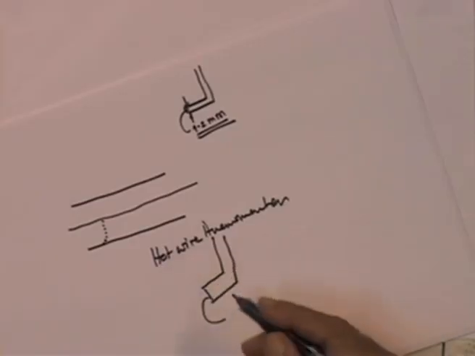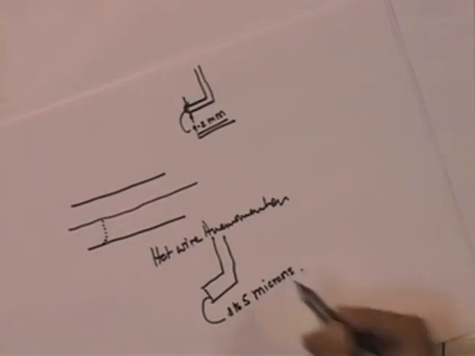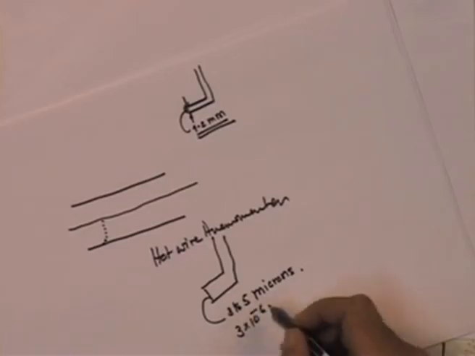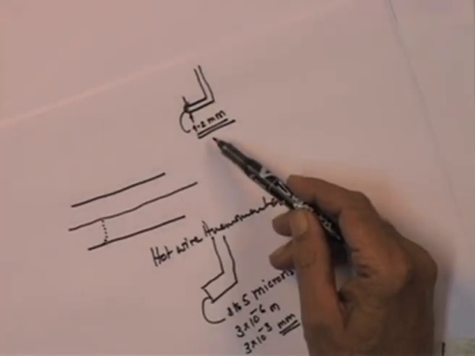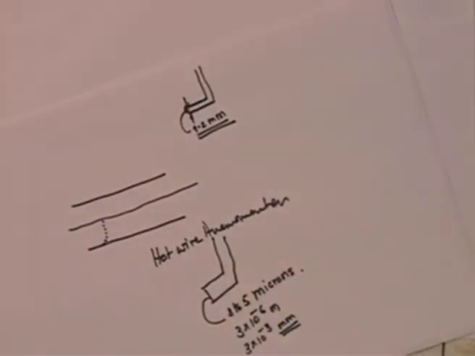The diameter of the wire is 3 to 5 microns, which means 3 into 10 raised to minus 6 meters or 3 into 10 raised to minus 3 millimeters, which means we have a measuring instrument which is about 300 times smaller than the pitot tube dimension.